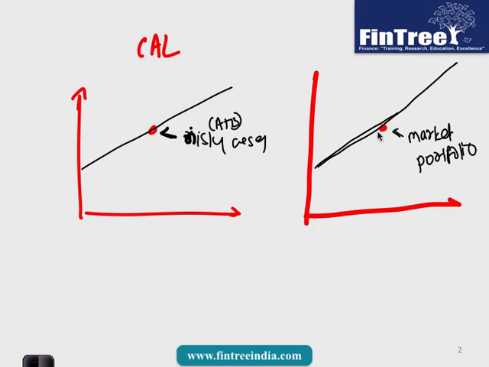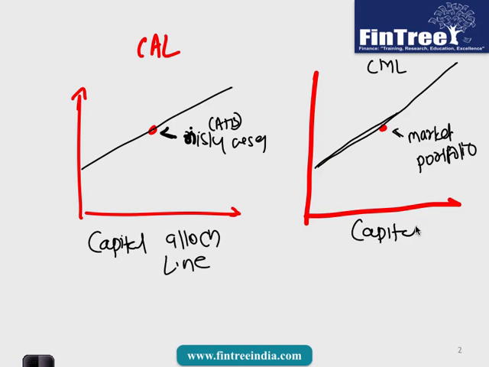If you draw a graph like this, this line we will call the CML. This was the capital allocation line, and this is the capital market line. The only difference is now your risky asset is made of the entire market portfolio.